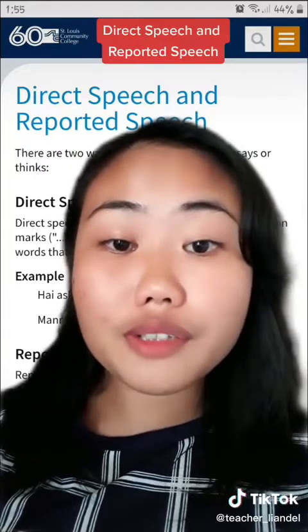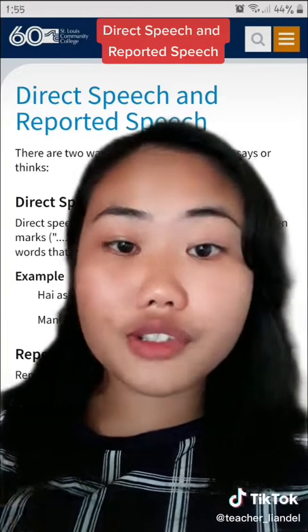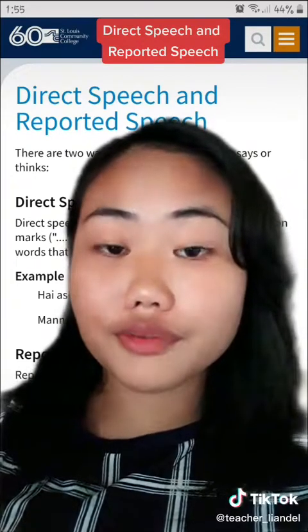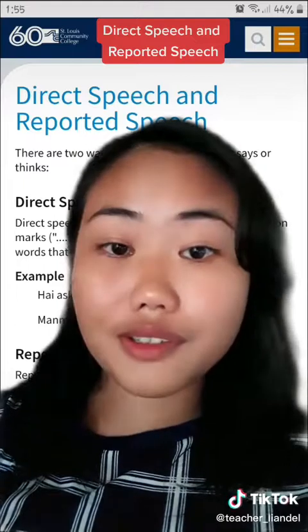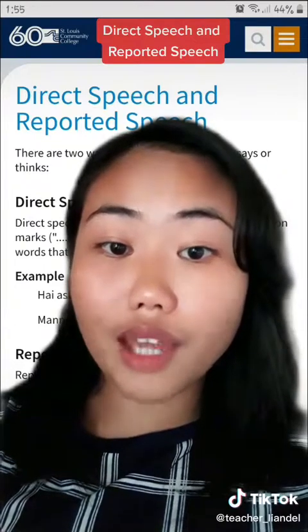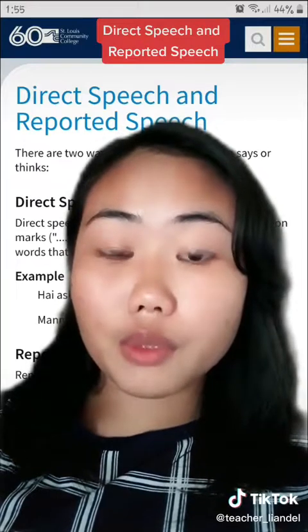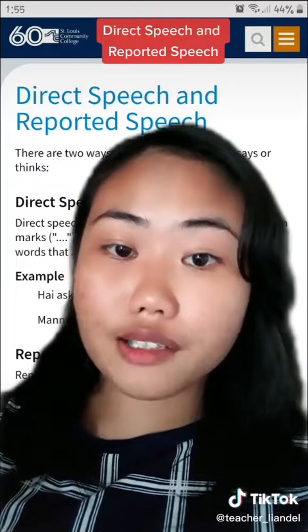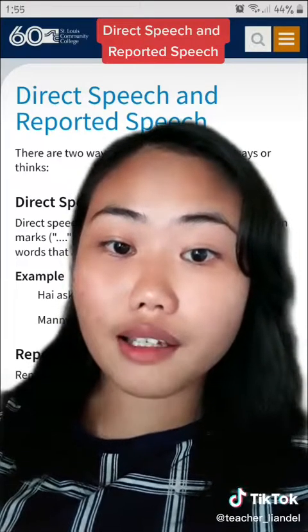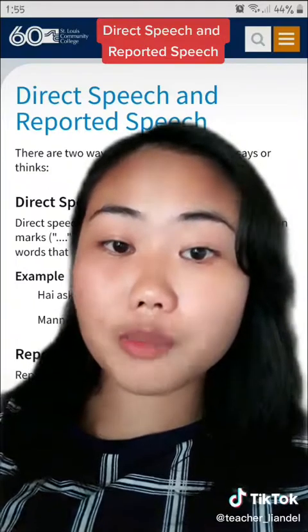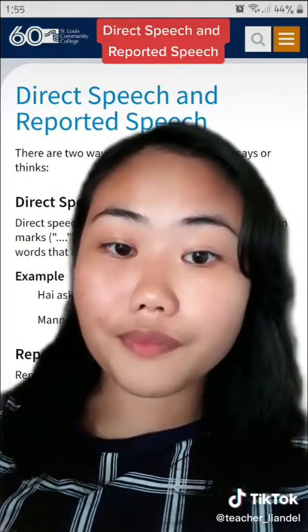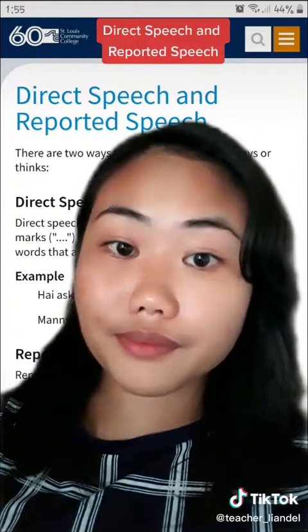Whereas reported speech is basically just a report of a person's ideas or statements without using quotation marks. And a reported speech carries the pronoun that. However, not all reported speeches contain the pronoun that.